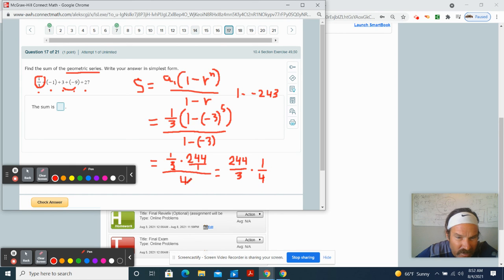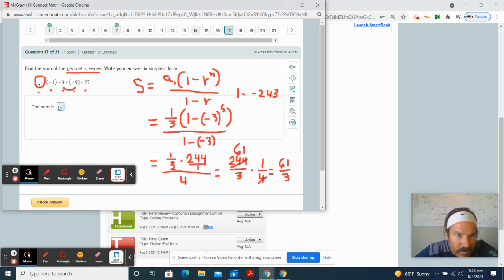That's the same as dividing something by 4. I'm just doing this so I can work with the fractions. I think 4 is going to go into 244. 244 divided by 4 is 61. So this right here is 61. So I have 61 on top, and I have 3 on the bottom. 61 on top and 3 on the bottom is going to be my sum.